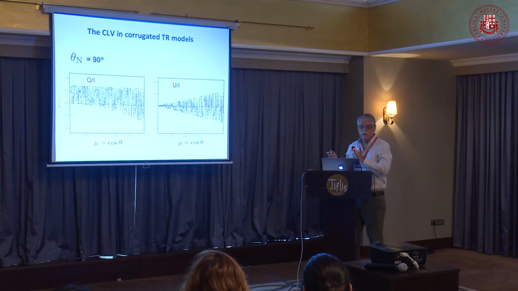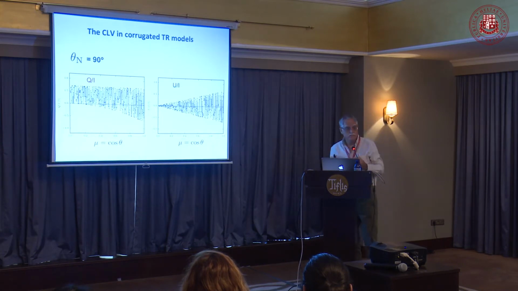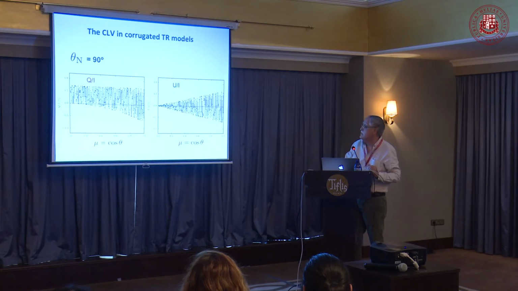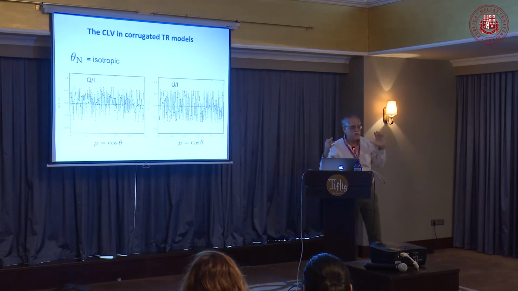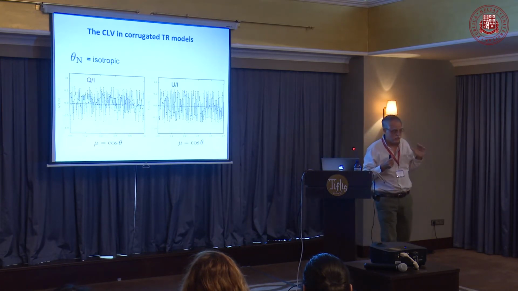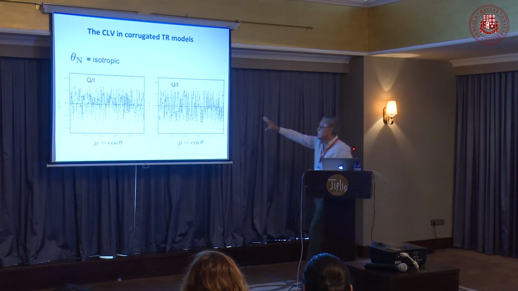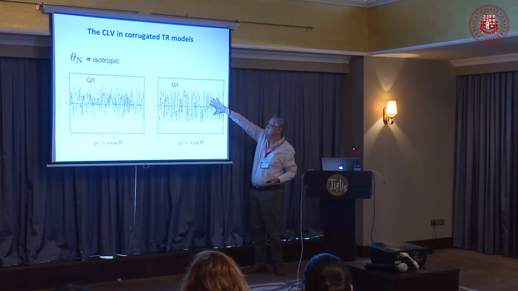So this is very interesting because it is telling us that depending on the geometrical complexity of the transition region, we have different impacts on the center to limb variation of the line center sequence of Lyman alpha. And if I now consider that this normal vector is chaotic, we get positive and negative values with no center to limb variation at all. And this amplitude here depends on the strength of the magnetic field.